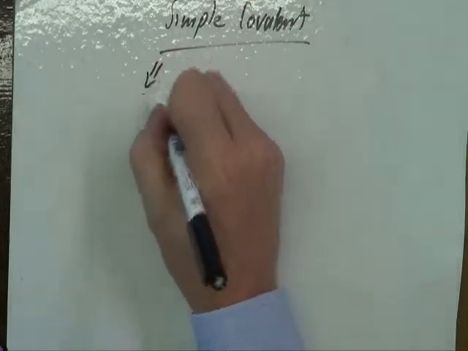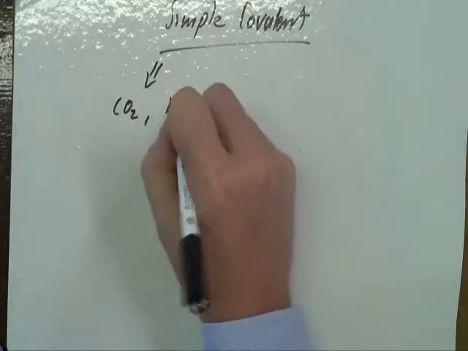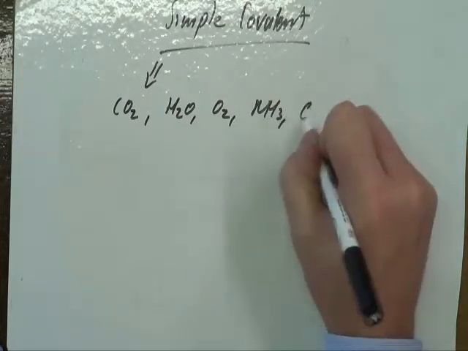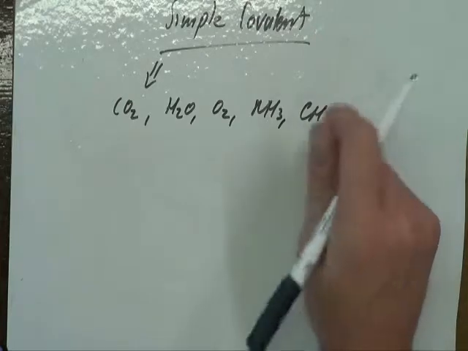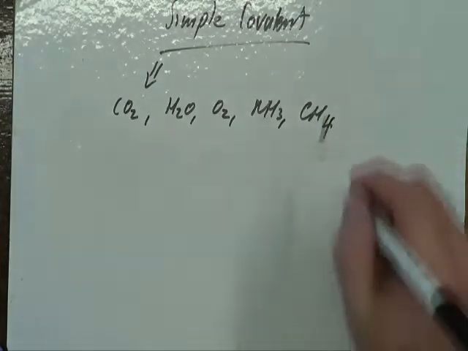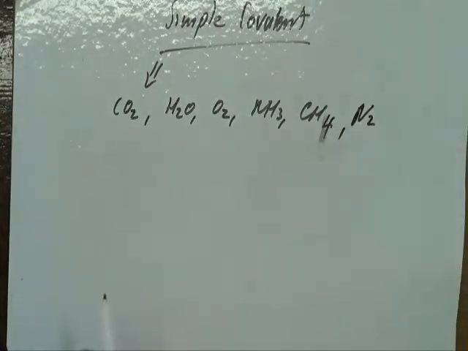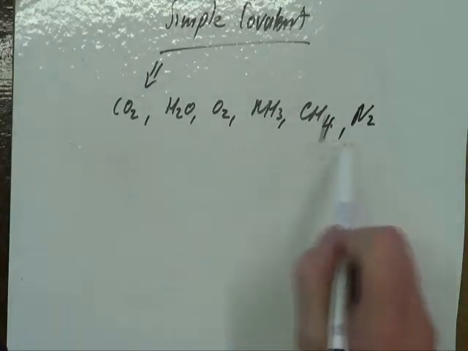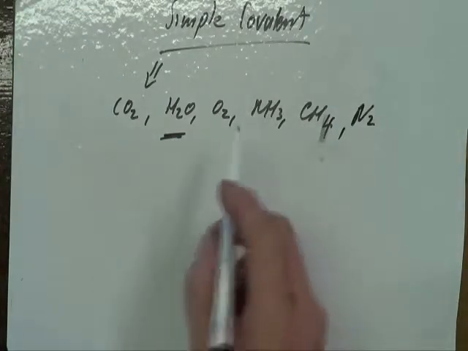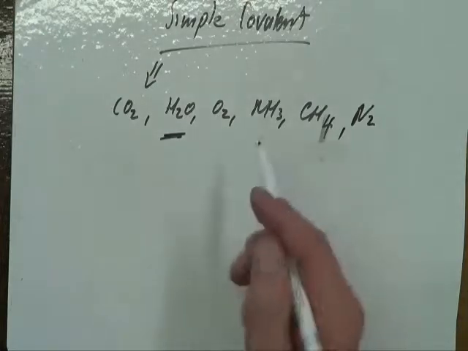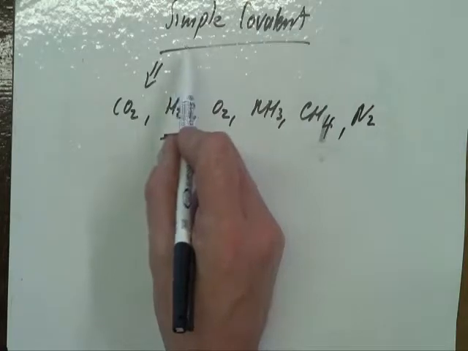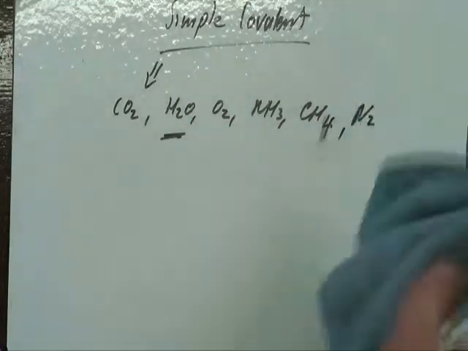So you will have heard of a lot of these, like carbon dioxide, water, oxygen, ammonia, methane, nitrogen. These are all simple covalent. Now, all of those are gases at room temperature except water, which boils at 100 degrees Celsius. So hopefully you're all now able to appreciate that simple covalent substances have very low melting and boiling points.